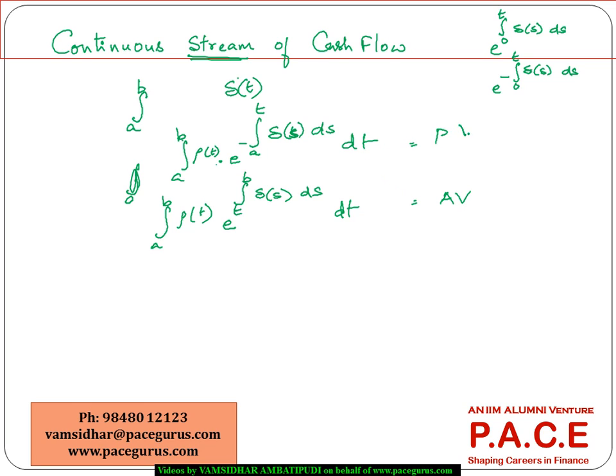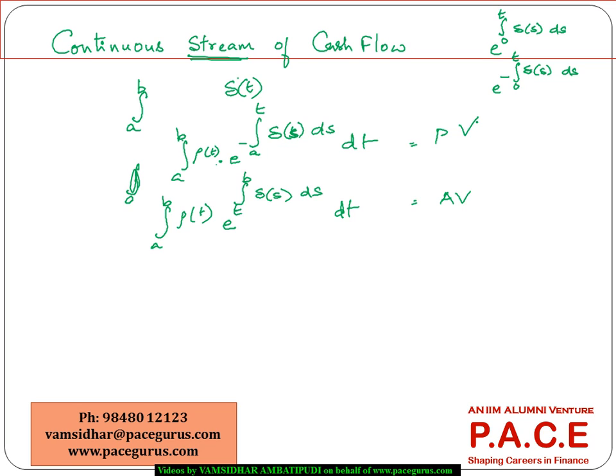This is how we find out the present value when we have a continuous stream of cash flows. So using these two logics, we should be able to find out the present values and accumulated values of a stream of cash flows, where the force of interest is given and that force of interest is variable.